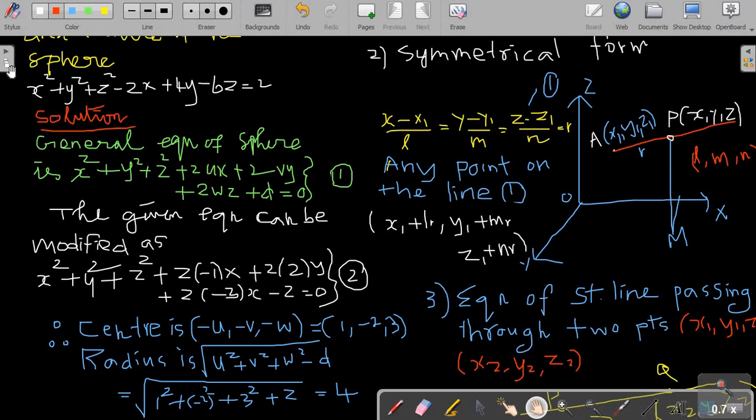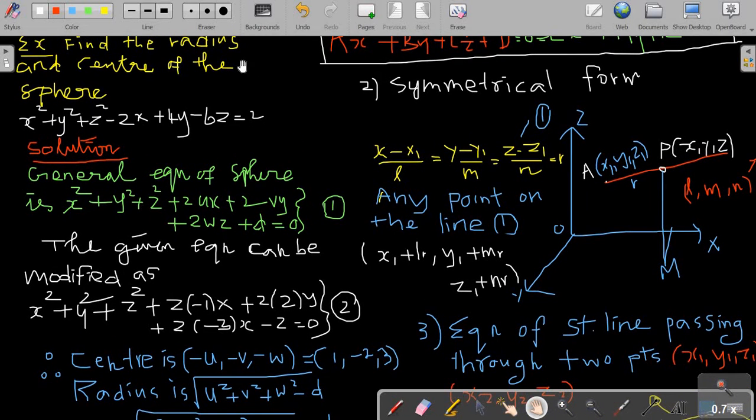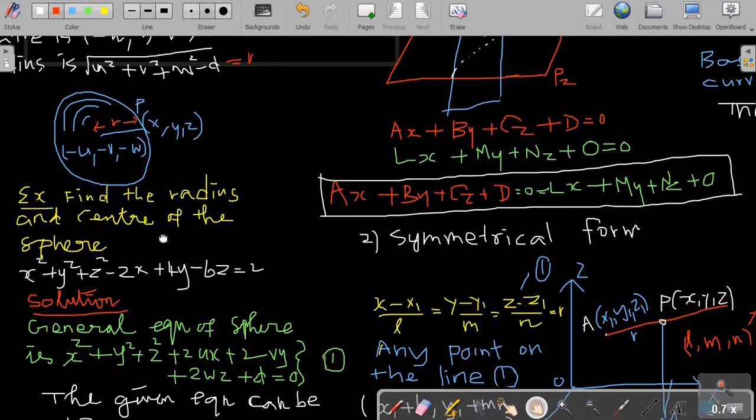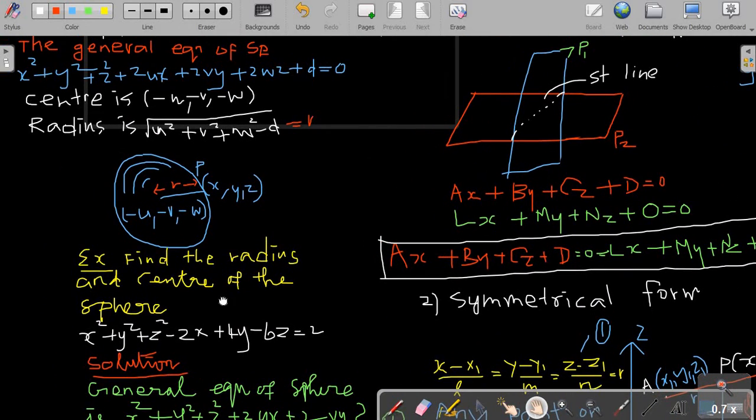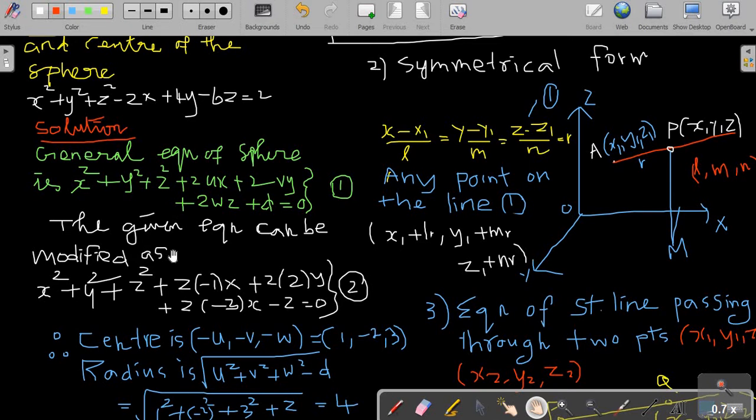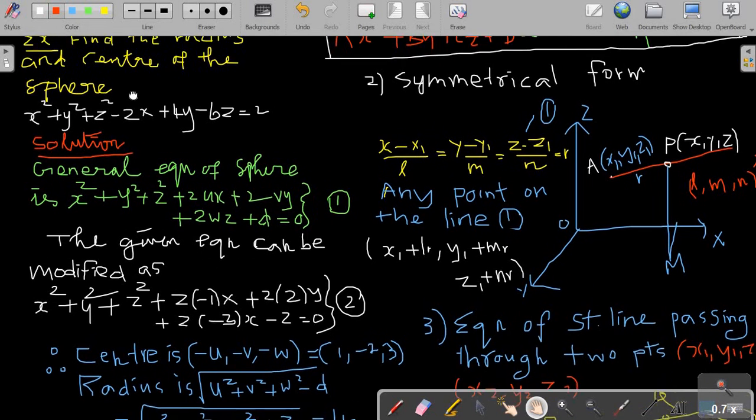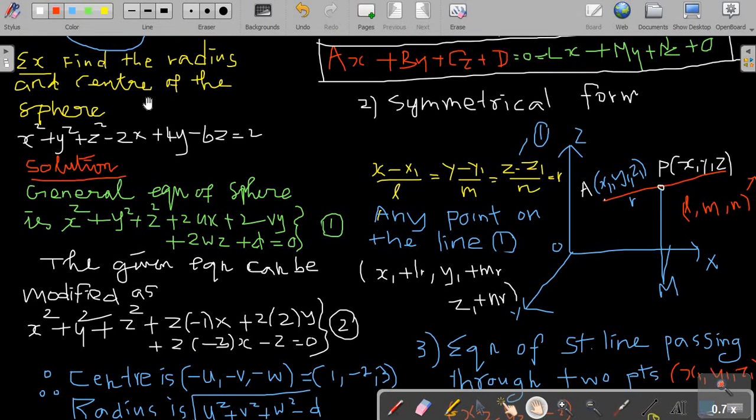Now what is given there is: find the radius and center of the sphere. I already told you that the general equation of the sphere is this one: x square plus y square plus z square plus 2ux plus 2vy plus 2wz plus d equals 0. Now look at this particular equation. The equation given to us is of the form x square plus y square plus z square plus 2ux plus 2vy, and so on.